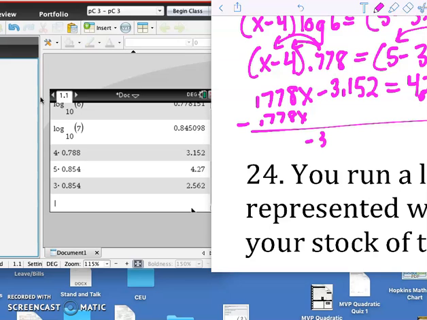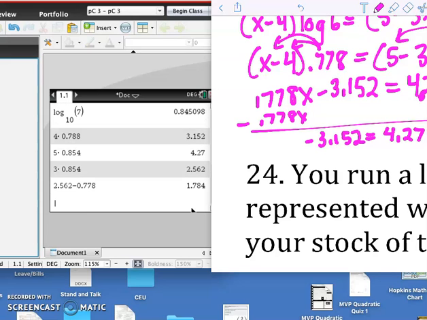So we have negative 3.112 equals 4.27 minus 2.562 minus 0.778, 1.784x, minus 4.27, minus 4.27. So we got negative 3.112 minus 4.27.